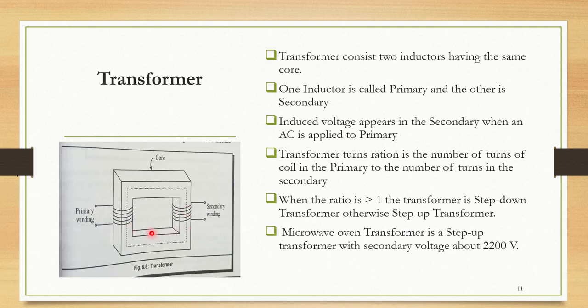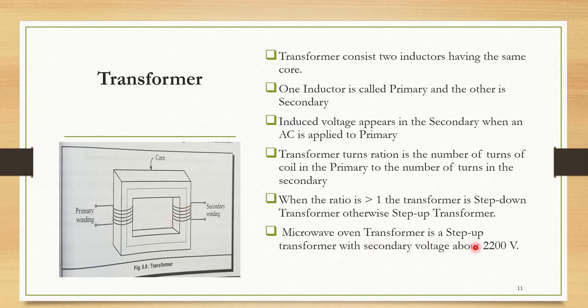In the other way, suppose there are 10 windings in the primary and 20 in the secondary, the ratio is 1/2, less than 1. Since there are more windings here, it is called a step up transformer. So step up or step down depends on the turns ratio of the transformer.